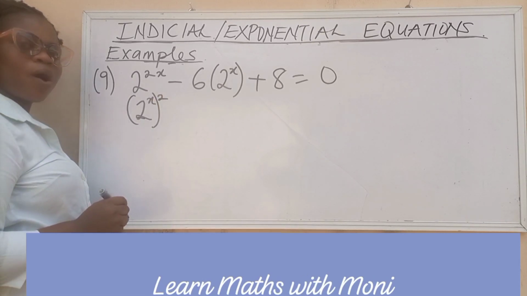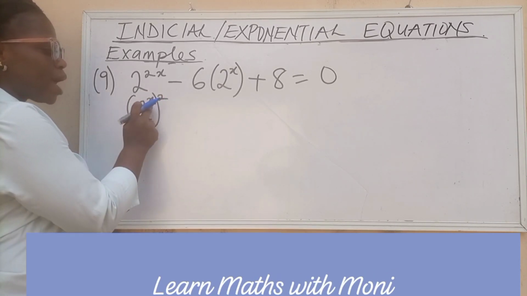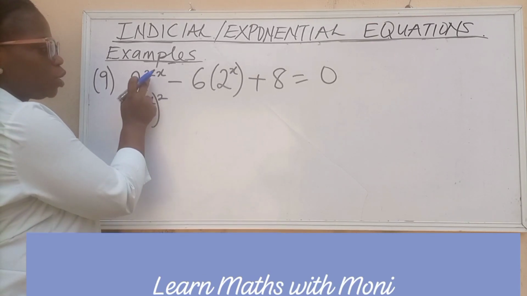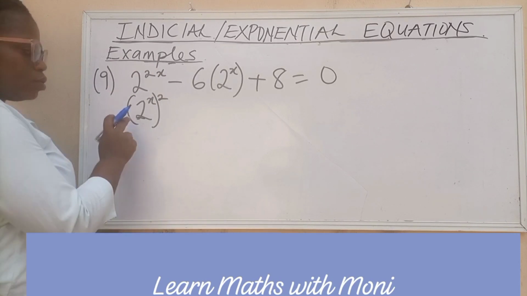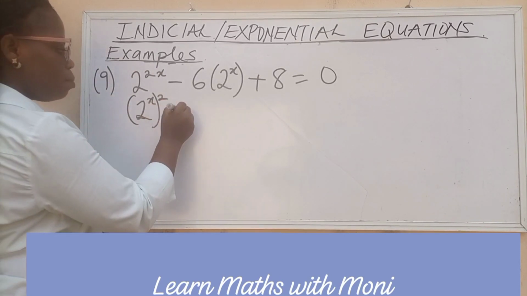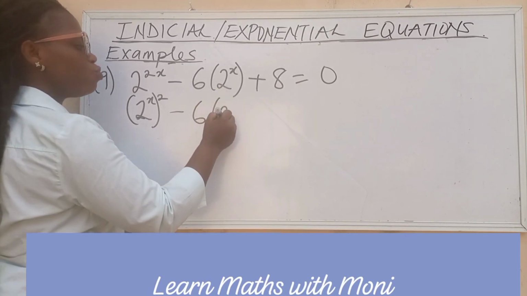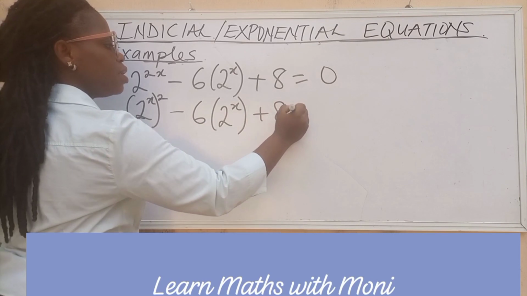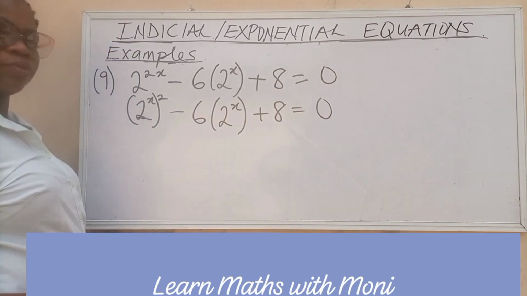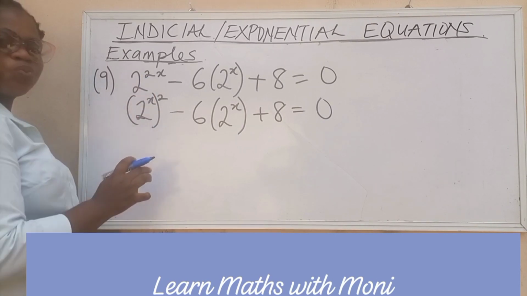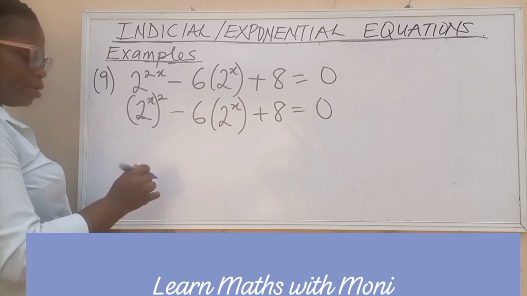Remember, when we have power of power, we simply multiply the power. So this is x times 2, which is 2x. It's still the same thing as 2 raised to power 2x. Minus 6 into 2 raised to power x plus 8 equals to 0. Now we will be representing the 2 raised to power x by p.